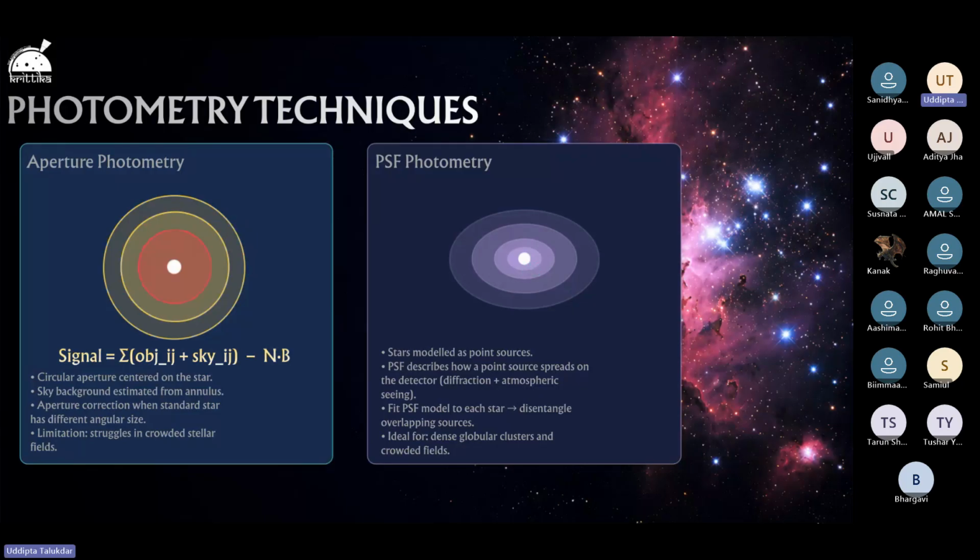So now let us first understand, why does a star smear at all? The first reason is the most obvious: diffraction. Light bends around the edges of your telescope, mirror or lens. The next is atmospheric turbulence. The turbulent air blurs the light before it even reaches you.